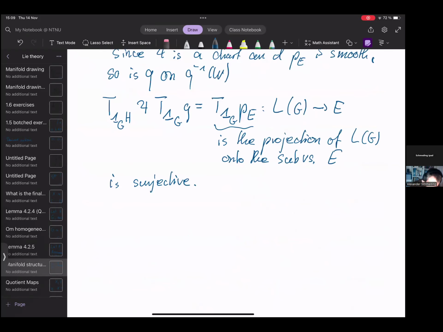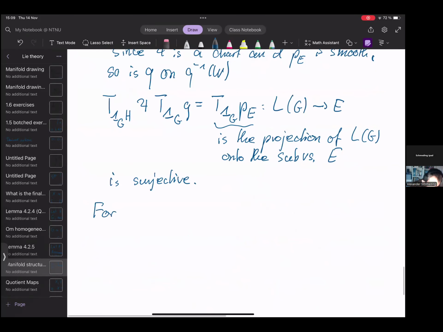Namely, for an element G in G, we have the following formula. If we compose Q with the left multiplication with this G map, then this is the same as if we first project and then use this transport map sigma G we have.